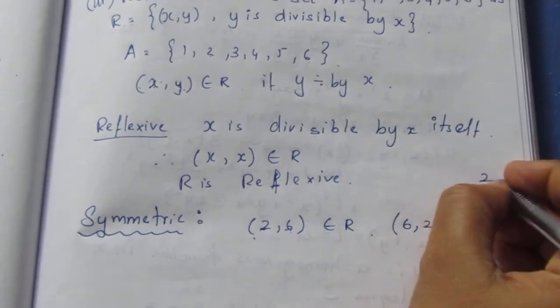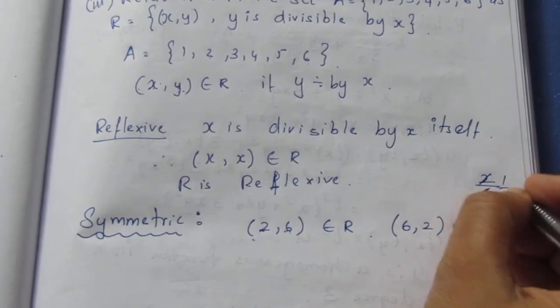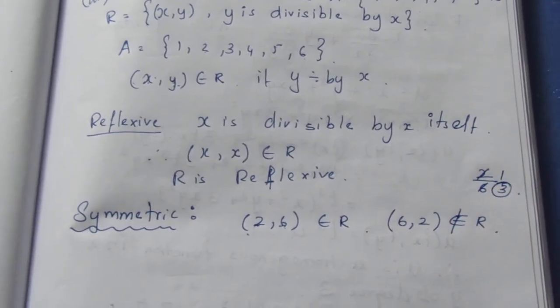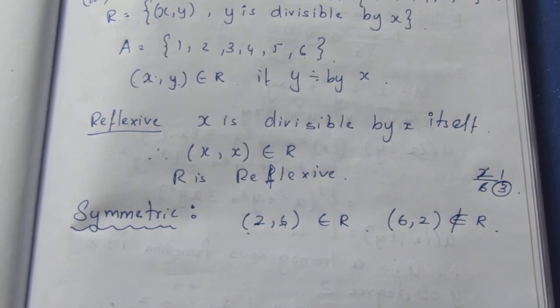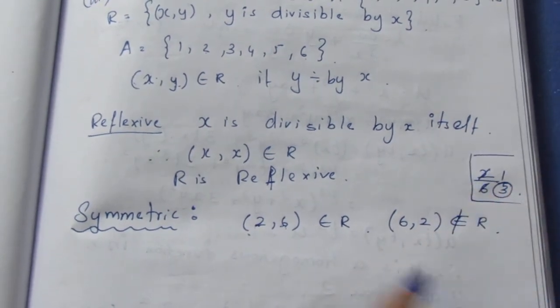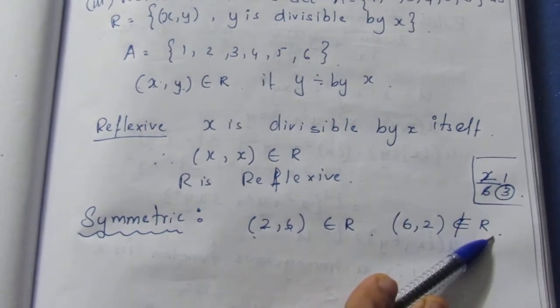2 by 6 is 1 by 3. We should not have a denominator in the case of when it is divisible. Here we have 1 by 3. There should be no denominator, but we have a denominator. So this I have just written for you to understand. So this is not a relation.